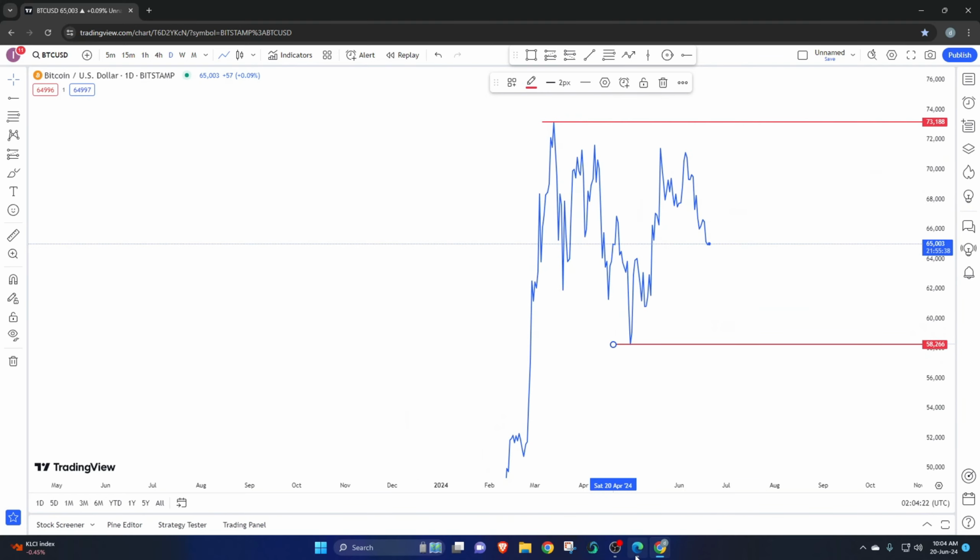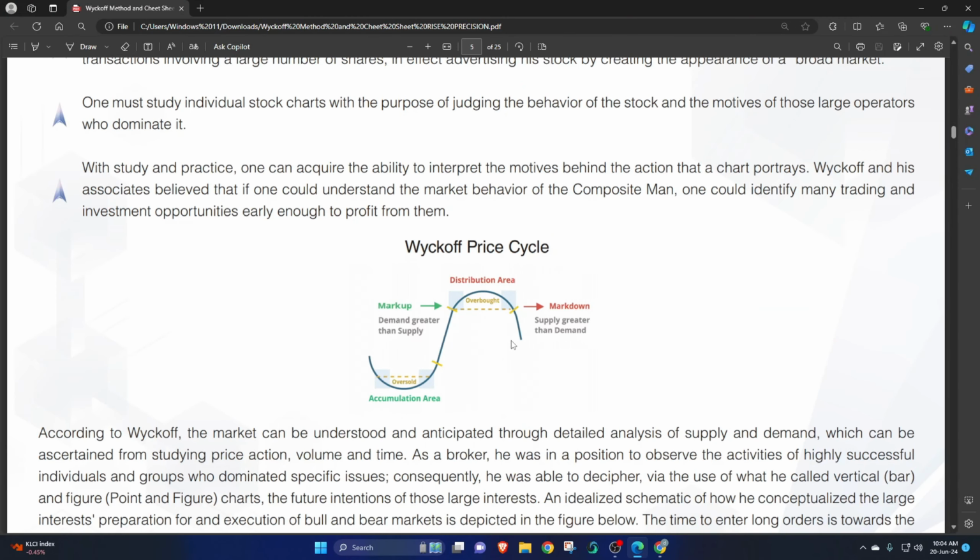Now, coming back to Wyckoff's method, there are two important components to it. The first one is the accumulation area or the oversold area, and the second one is the distribution or overbought area.